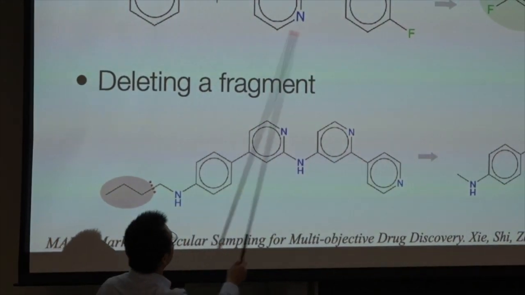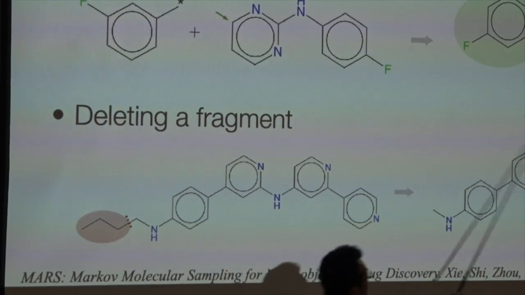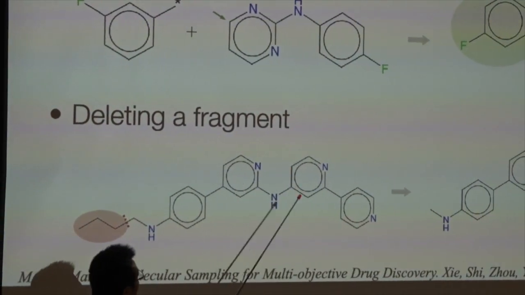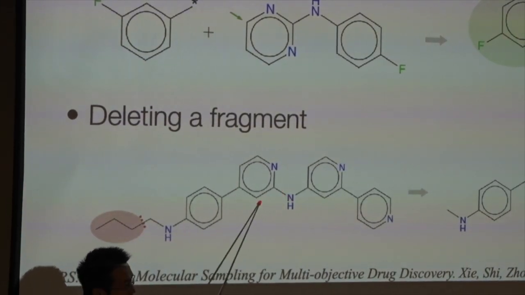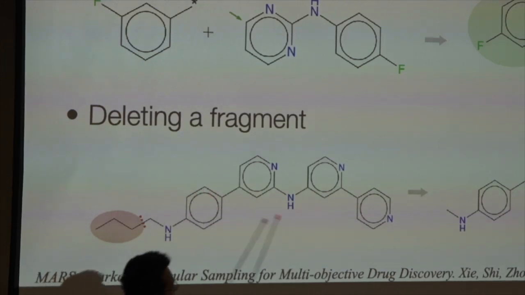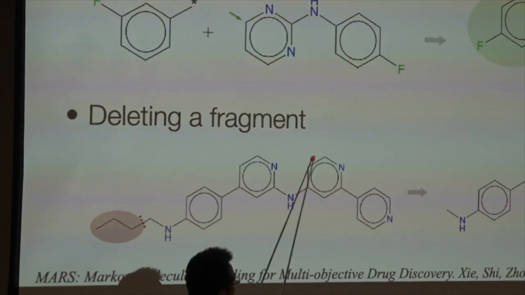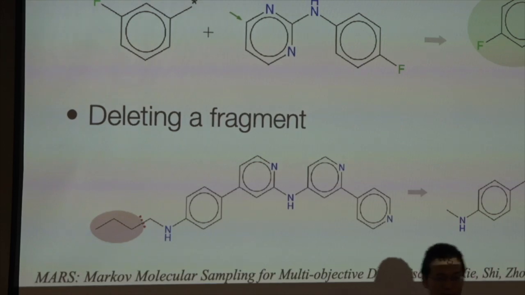We can either add one fragment to the existing one to form a new graph, a new molecule, or we can break some of the bonds in the existing molecule, and then delete or remove one fragment, and then we get a new molecule as well.